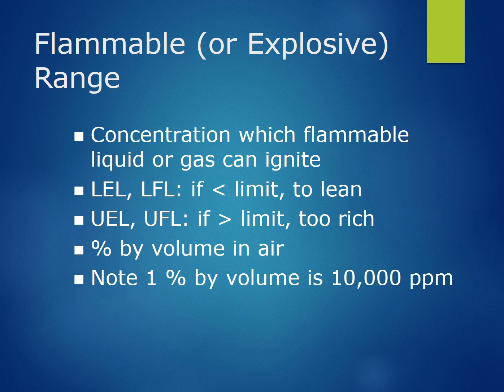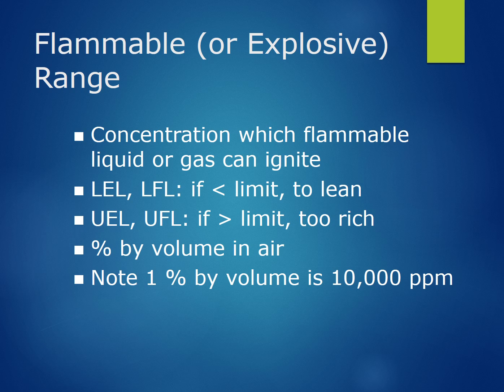For those of you that work on cars and carburetors, know this as either too lean or too rich. So we have to have enough vapor to create combustion in the air mixture. If it's below that level, we say it's too lean to burn.